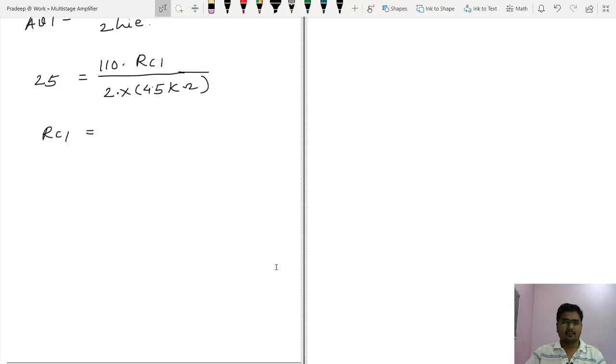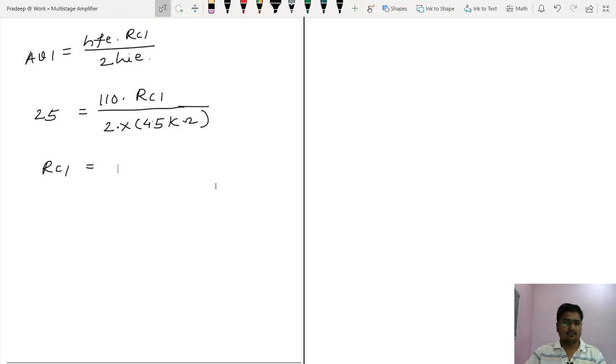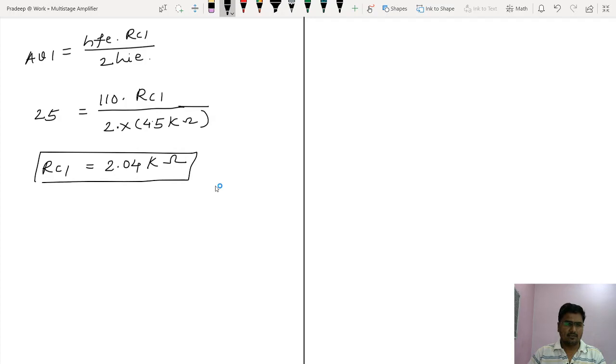So are you done with this value of RC1? Let me check: 110 multiplied by this divided by 4.5k, it is 2.04 kilo ohm. Yes, this is the value of RC1.